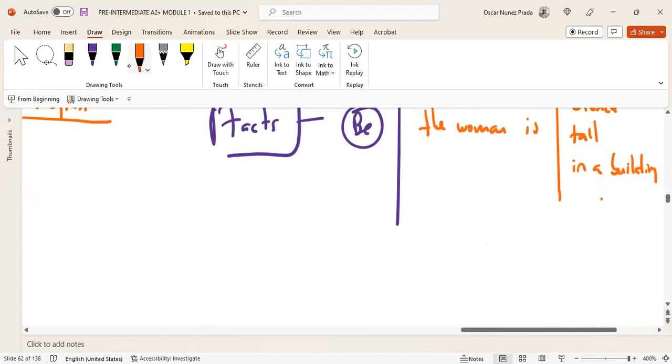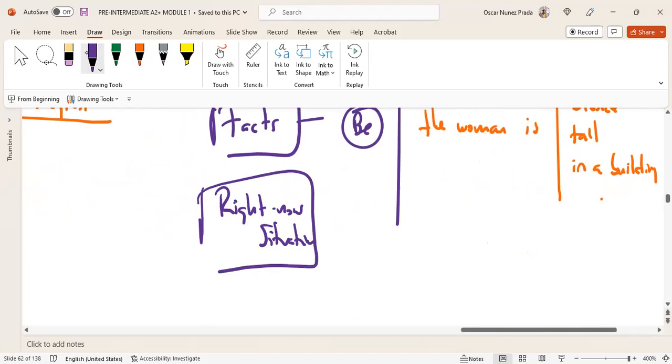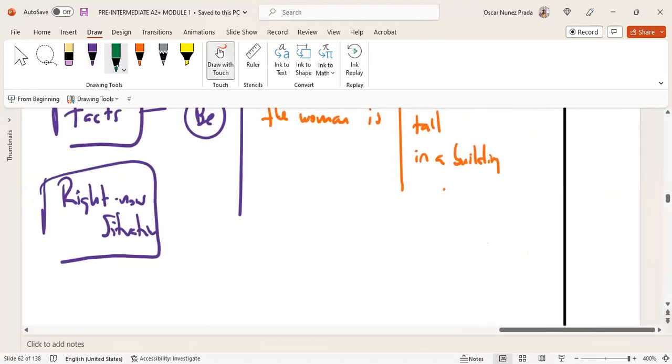If you want to use, for example, right now situations, but remember we have not studied this yet, but just to show you. All right, so here, for example, we can say the woman is working for a company.